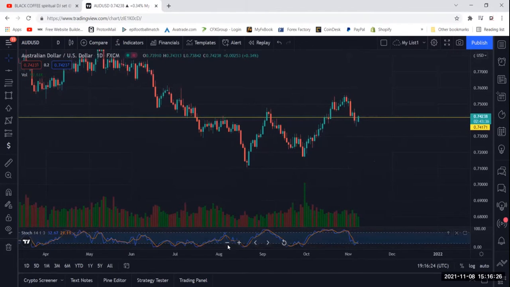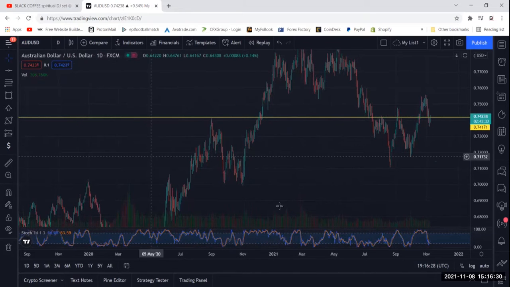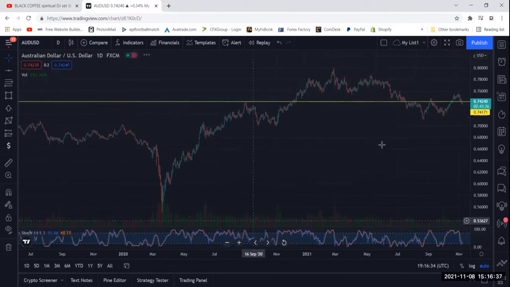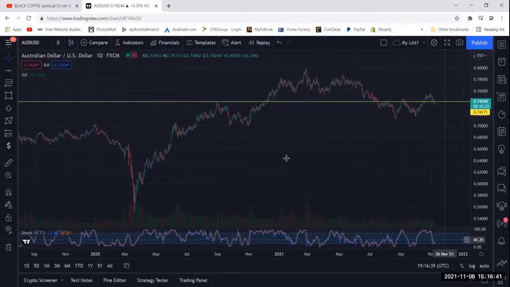If I zoom out just a bit and pan the screen, we can see that the market has been moving bullish overall on this Australian USD pair.